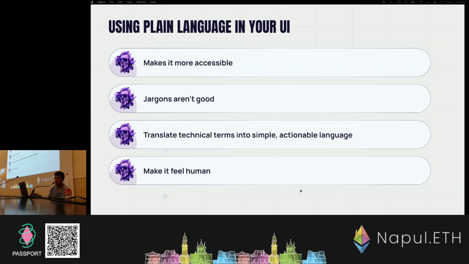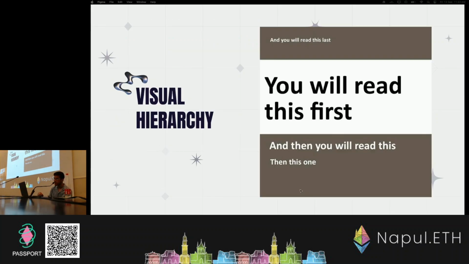And another big thing that I might recommend is visual hierarchy. So as you noticed, how big of a difference just changing the sizes of the text does.